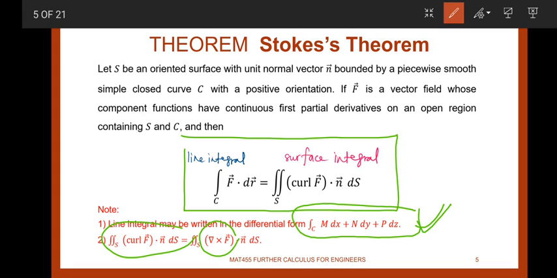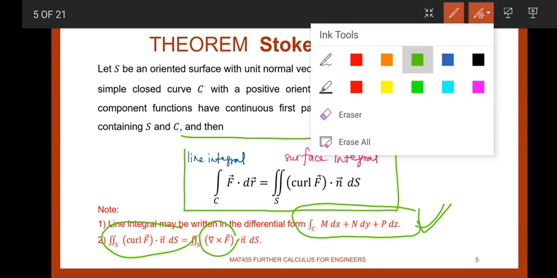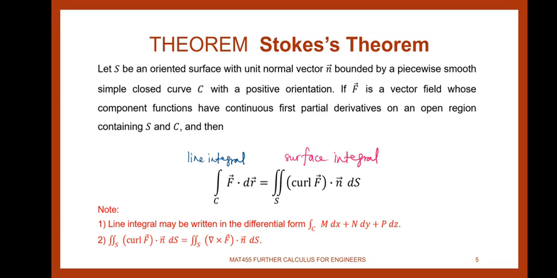You must know what we have here: the gradient cross product with vector field F is actually the curl of F. We learned this earlier in chapter 3. The gradient cross product with the vector field is the same as curl F. So you must know both notations used in Stokes theorem.